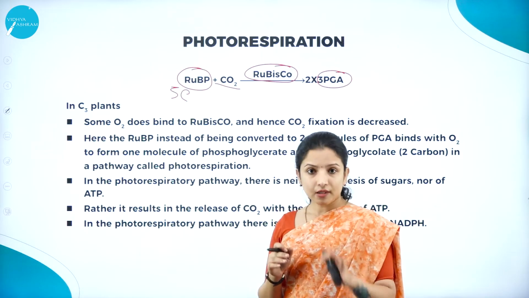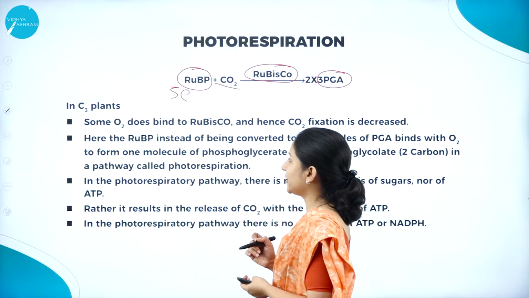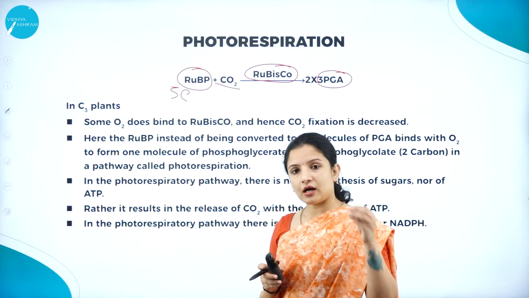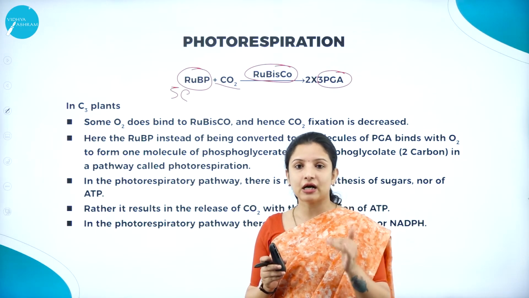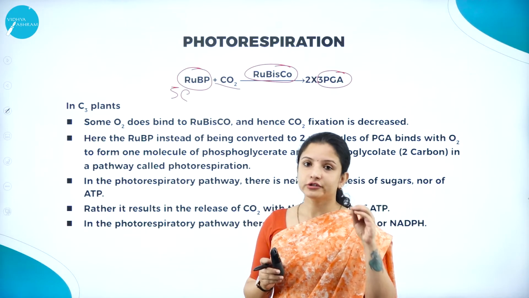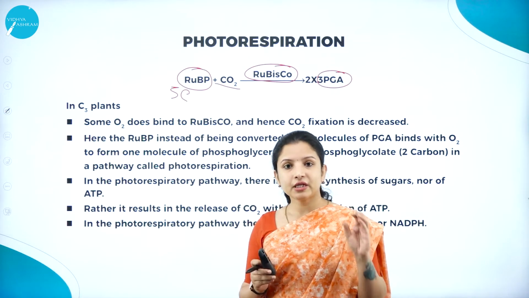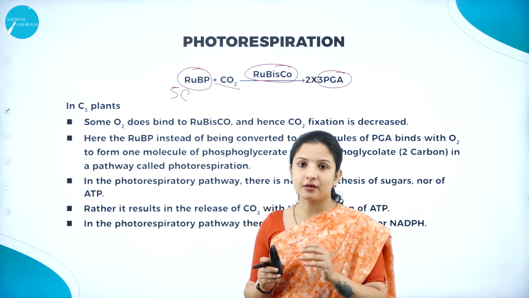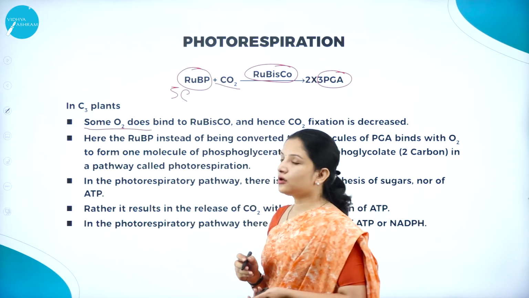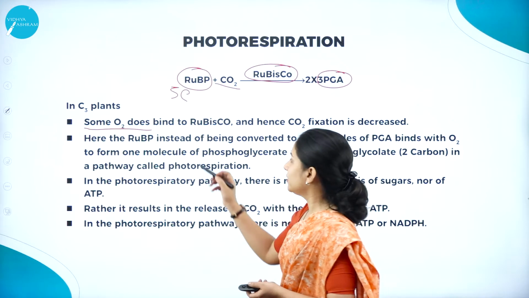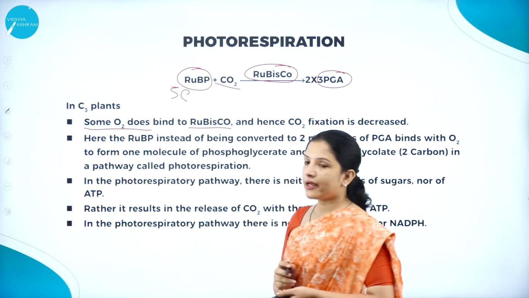But sometimes in the C3 plants, what happens? In the atmosphere, oxygen will also be present, right? Is it only carbon dioxide that is there? There is also oxygen present. So sometimes, along with the carbon dioxide, some molecules of oxygen also enter and bind to the Rubisco enzyme.